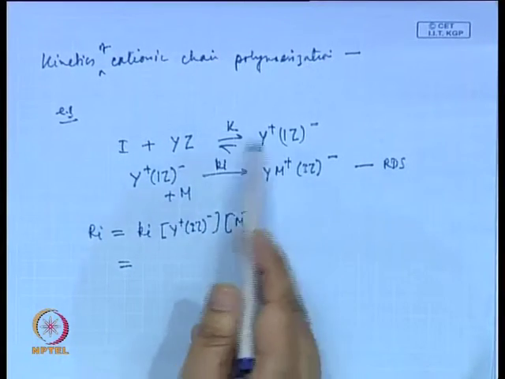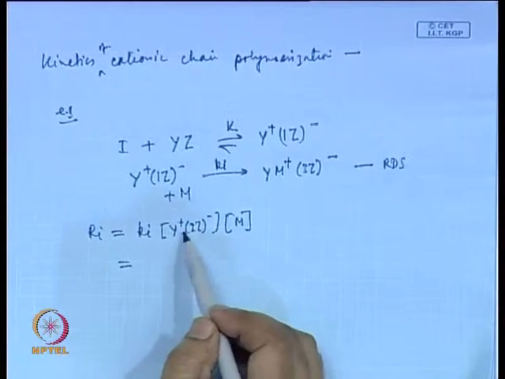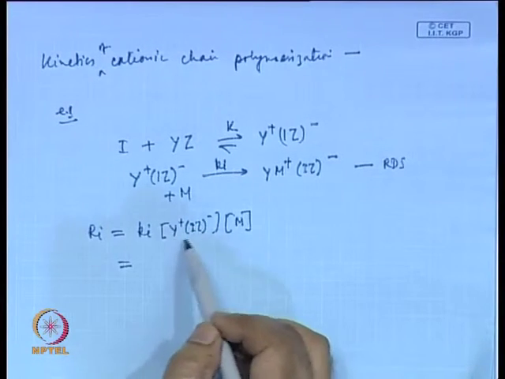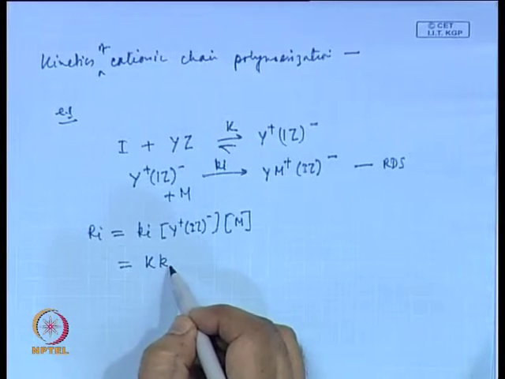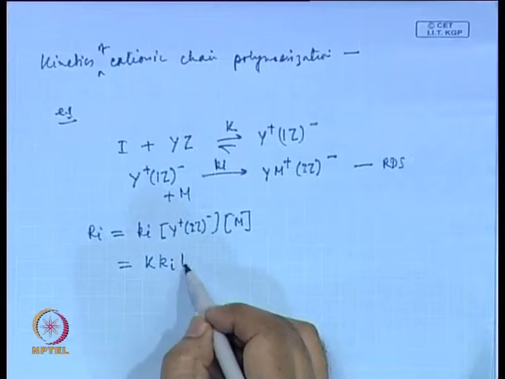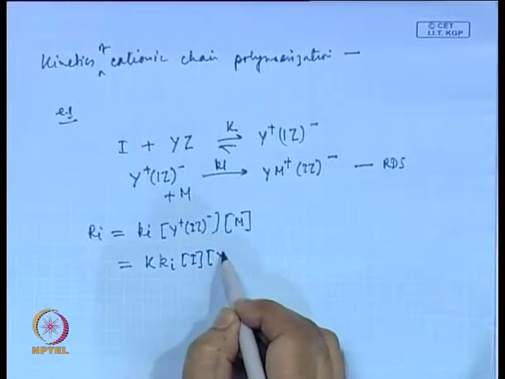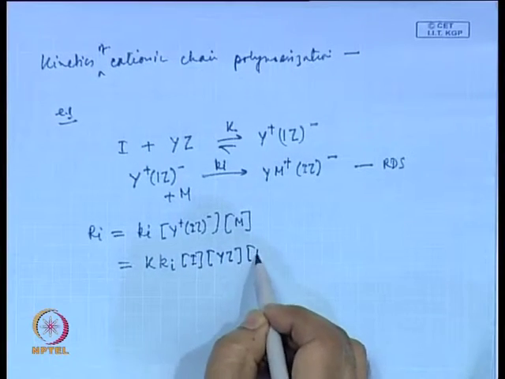Now, if you get the value for this from this equilibrium, we can write K_i, Y Z, M.